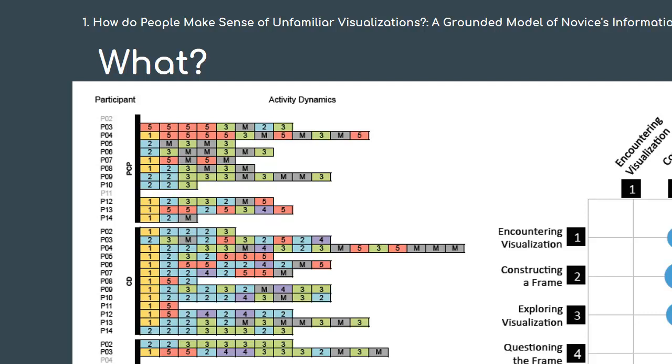As you can see, activity 5 happens more frequently within the PCP than in the CD, and the CD happens more frequently than the TM.